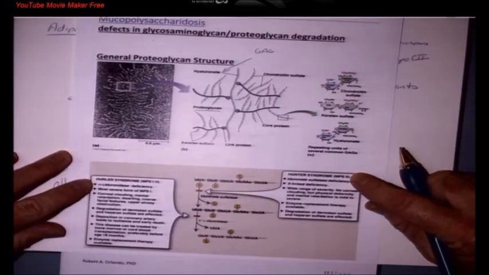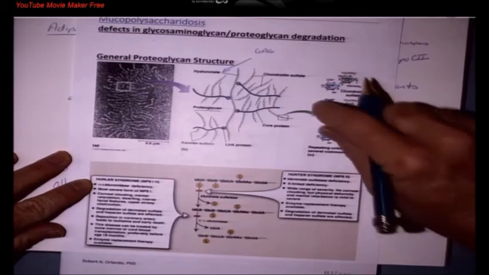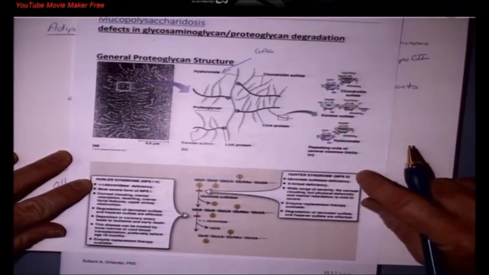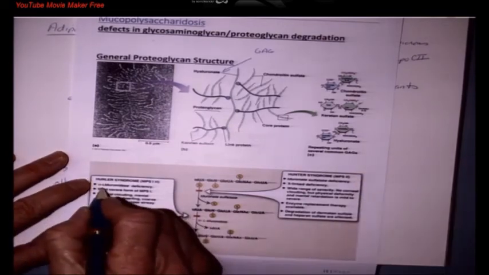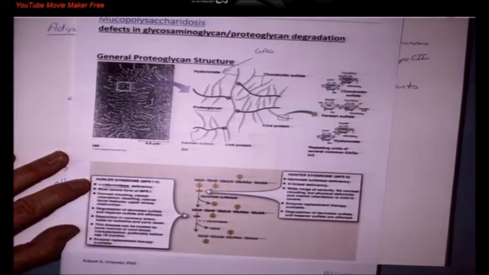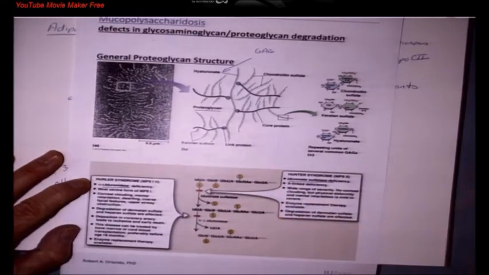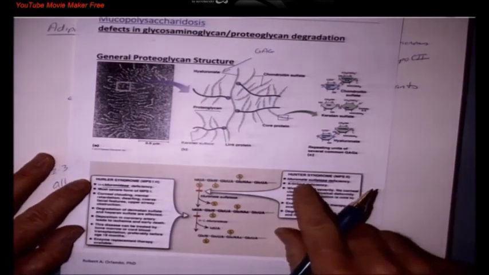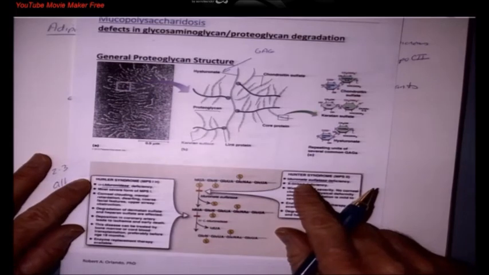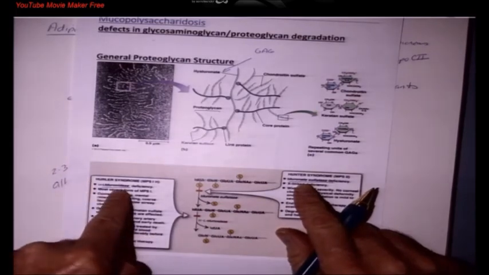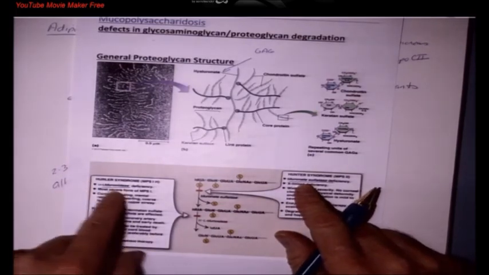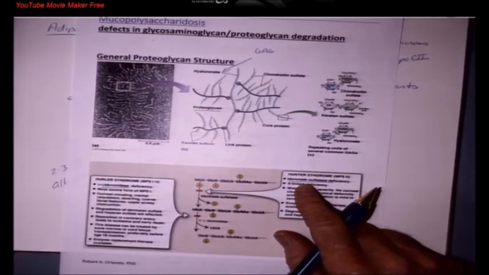These are deficiencies in the enzymes necessary for degrading these proteoglycan, glycosaminoglycan structures. So Hurler syndrome is iduronidase deficiency, and Hunter's is iduronate sulfatase deficiency. One enzyme takes the sulfate groups off, the other one hydrolyzes off the iduronic acid, which is a carbohydrate monomer.